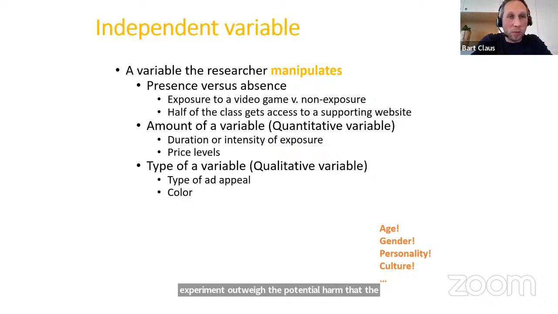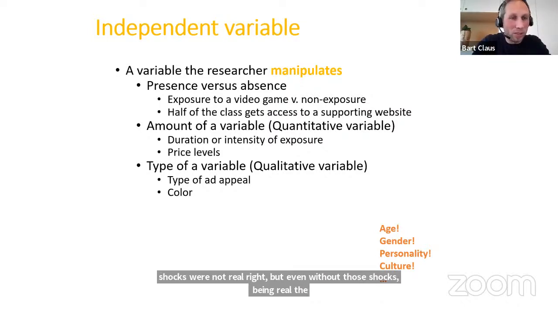There are famous examples of experiments that turned out to be pretty stressful for the people that participated. If you are familiar with the Milgram experiments, people were put in control of a device that administered electrical shocks to other people when they gave a wrong answer to a question. Now, those shocks were not real, but even without those shocks being real, the impression that they were real was quite disturbing to the participants.